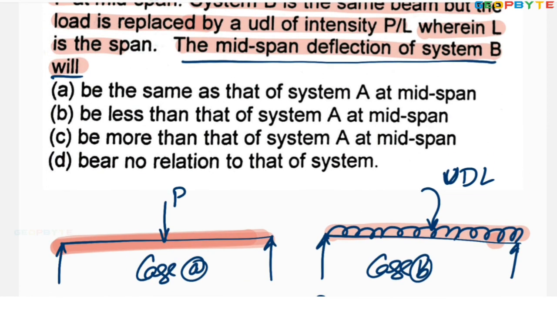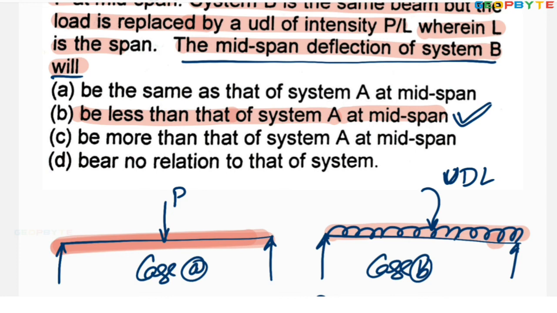Therefore, let us look at the options. Be the same, no. Be less than that of B, less than that of system A at the midspan. Remember, this is a very important point. The deflection at the center of the simply supported beam with point load is always more than the deflection at the midspan due to UDL in the same beam.